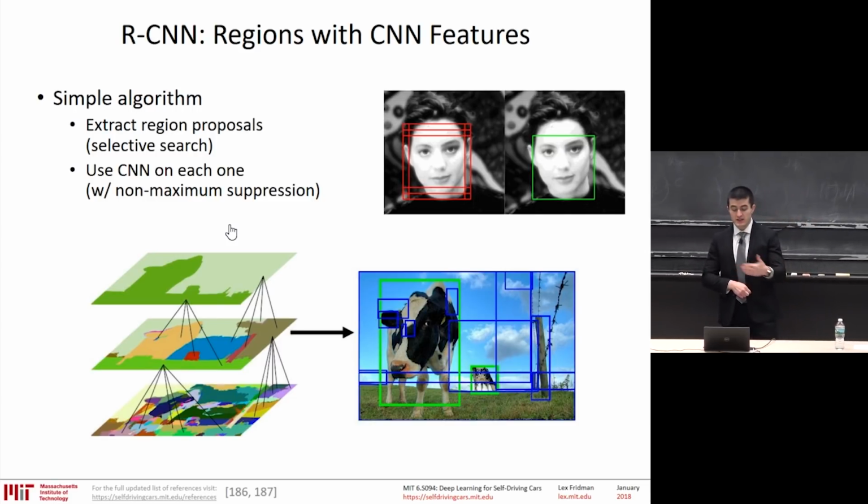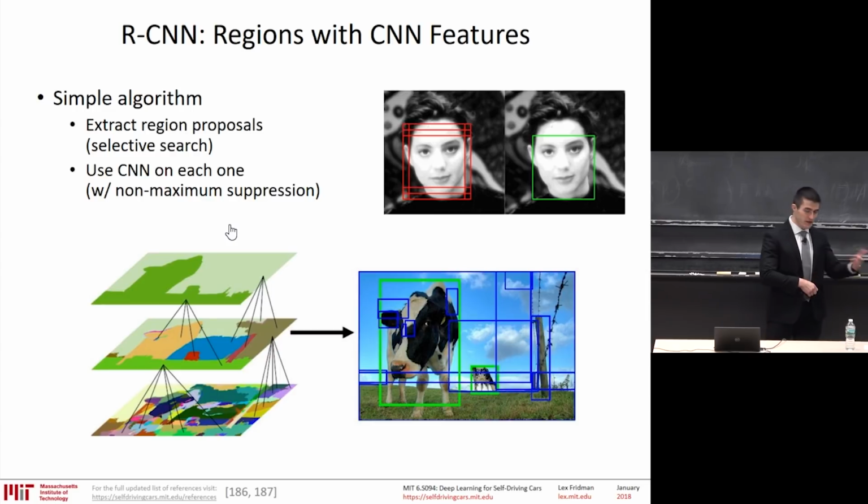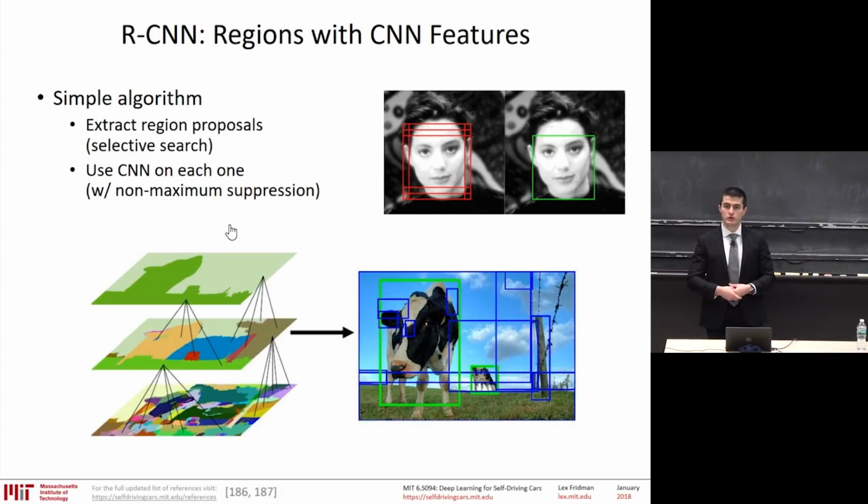And finally, using a CNN, classify for those candidates whether there's a pedestrian or not, whether there's an object of interest or not, a face or not, and using non-maximal suppression because there's overlapping bounding boxes to figure out what is the most likely bounding box around this pedestrian, around this object.